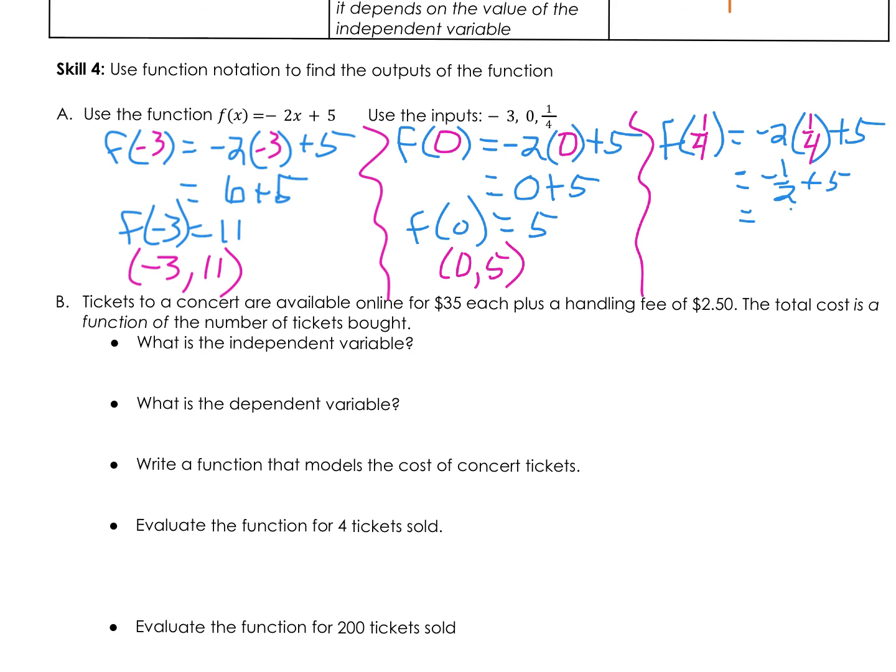So I prefer the improper fully reduced fraction, 9/2, and so f of 1/4, and again you can use your calculator to help you with that, is 9/2. So if you had to write an ordered pair, the x value would be 1/4, the y value 9/2. Okay, so it's just an input-output rule.